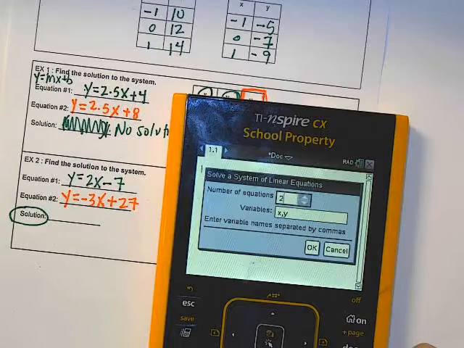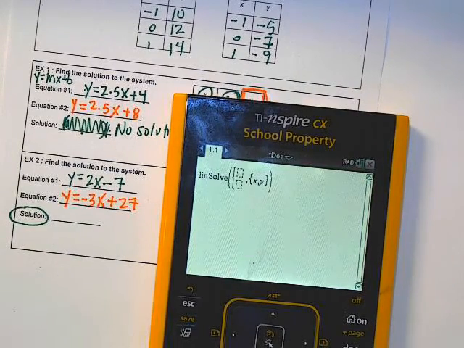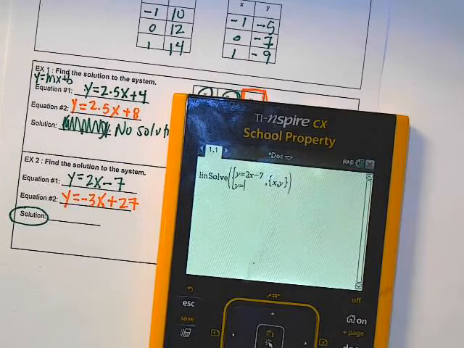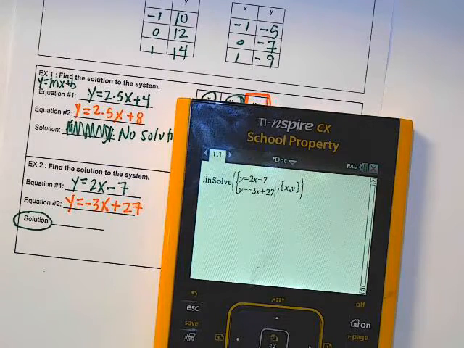Am I using X and Y? Yep. So everybody stays the same. And plug them in. Y equals 2x minus 7. Y equals -3x plus 27. How do you get that plugged in? And what do you get?